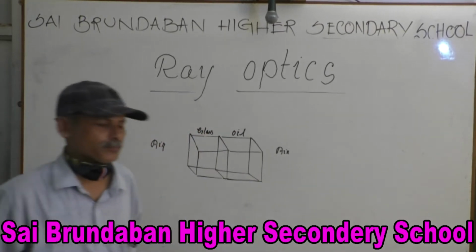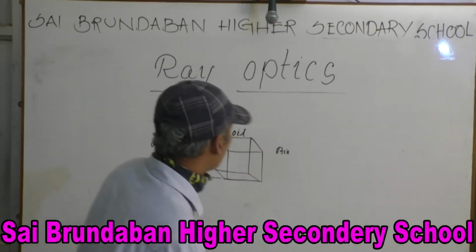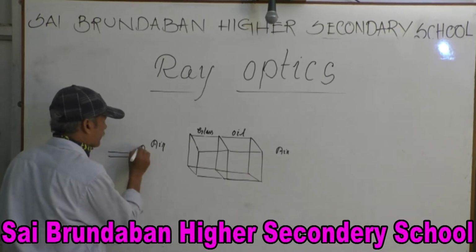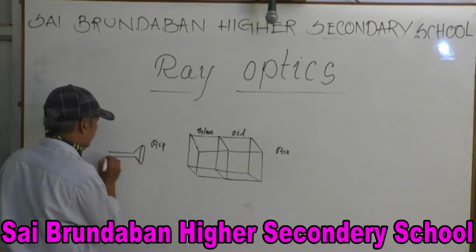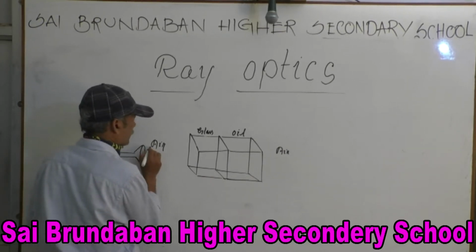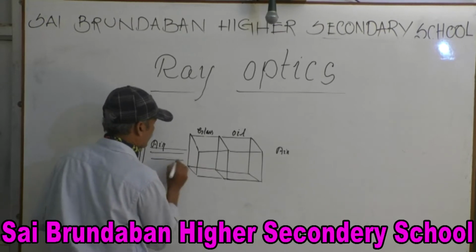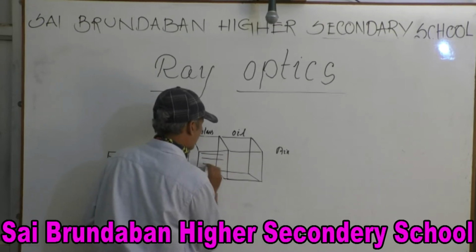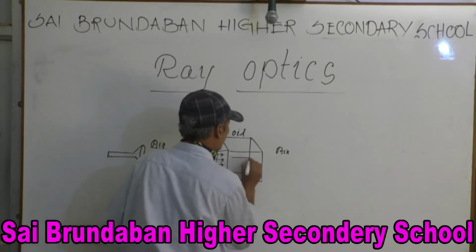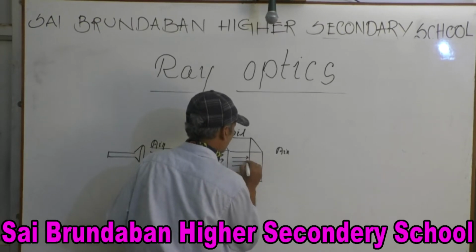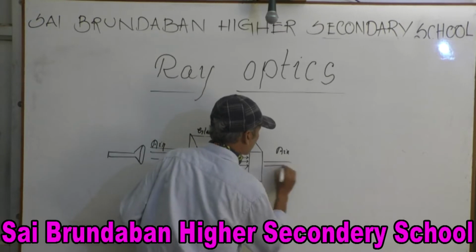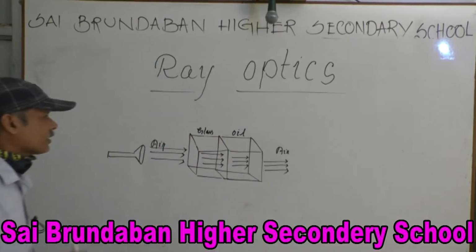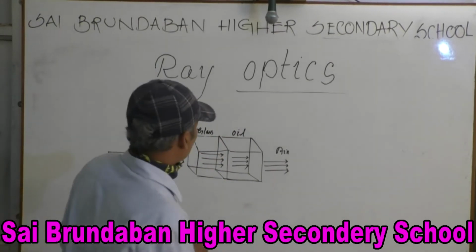When a beam of light propagates, so what happens?